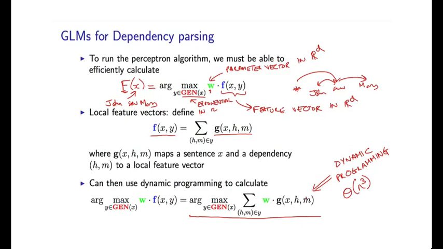That decomposition allows us to use dynamic programming algorithms that are quite similar to the algorithms that we saw for PCFGs. They're similar to the CKY algorithm, but leverage dependency structures in rather beautiful ways. Again, Jason Eisner has some wonderful papers on these algorithms.